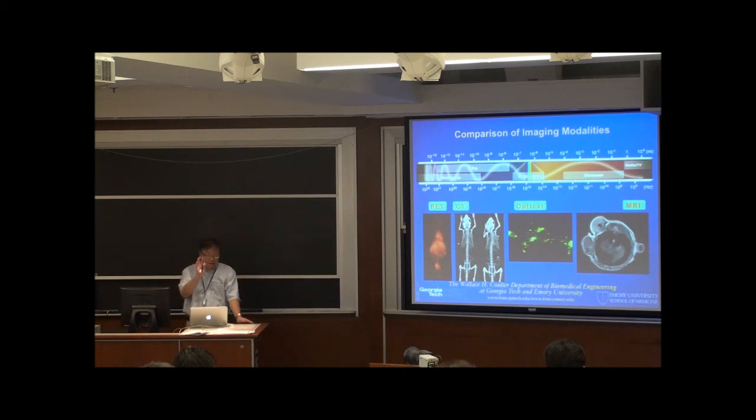If you try to visualize a specific part of an organ, you need to have light penetrating into the tissue, and you need to get signals out. That's why for deep tissue imaging, optical methods are quite limited. So typically we use PET, CT, MRI, or ultrasound for deep tissue imaging, and we use optical imaging mostly for cellular studies.